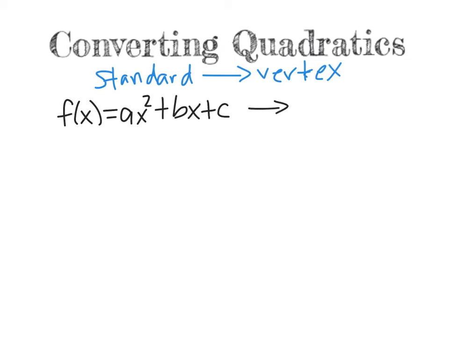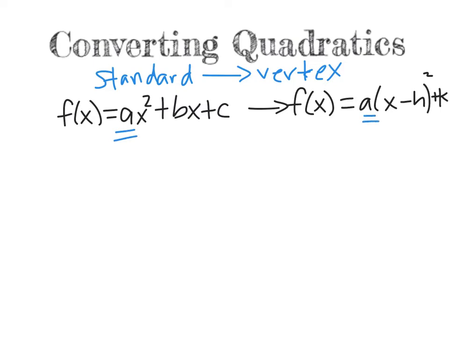And we're interested in converting it to vertex form, which will have a plus k there at the end. Let me clean it up a little bit. So the first thing that we said, right, is that they both have the letter a in common.